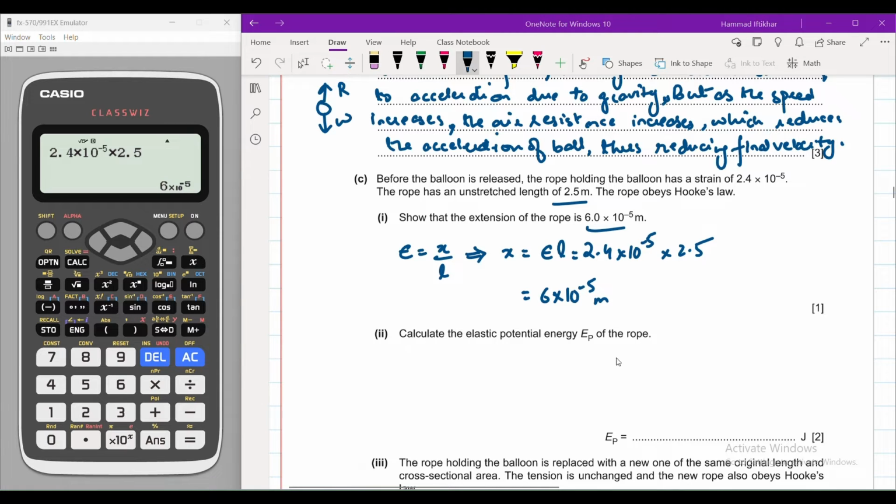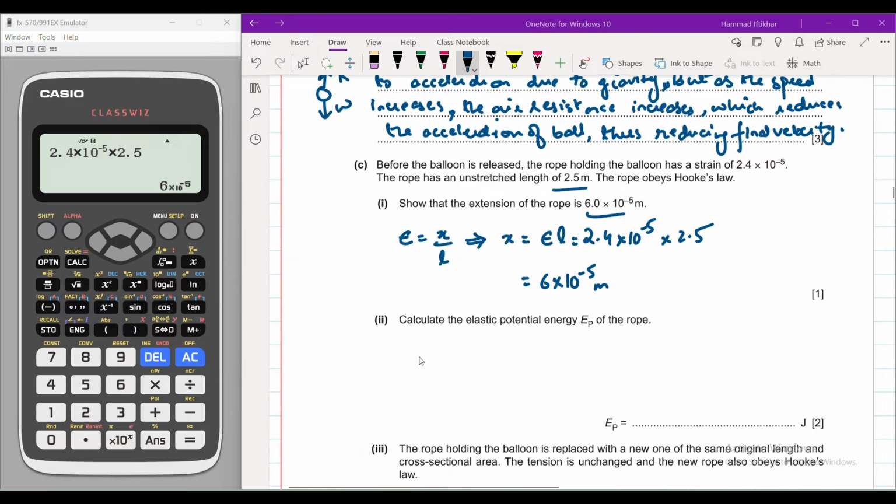Okay, so calculate the elastic potential energy EP of the rope. EP is equal to half Fx. We know that before the rope was released, it had the tension of 400 newtons in the rope, and that is the force that's causing the extension.